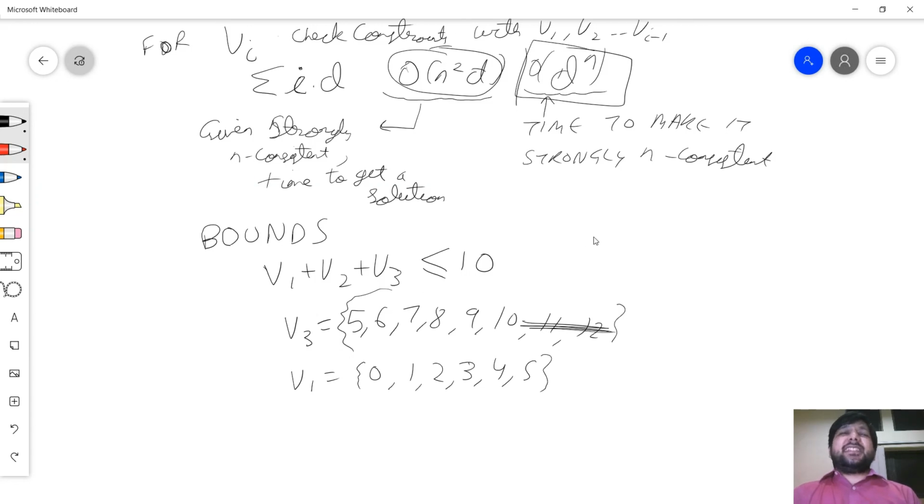You also have resource constraints, so everything needs a minimum resource, and therefore what you do is sum up, as per the current domains, the least resource required by every variable. Is it larger than the resource that you have?